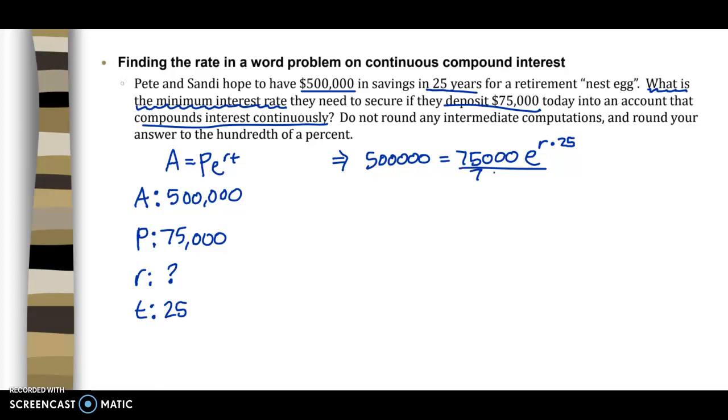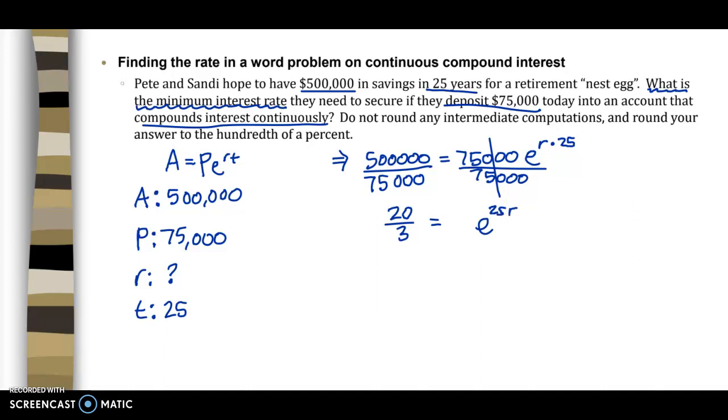Well, I can divide by 75,000. This is a solving an exponential equation problem, which I have other videos on. And what we first need to do is just get this e by itself. So I end up with 20 divided by 3, after some simplification, equals e to the 25R.